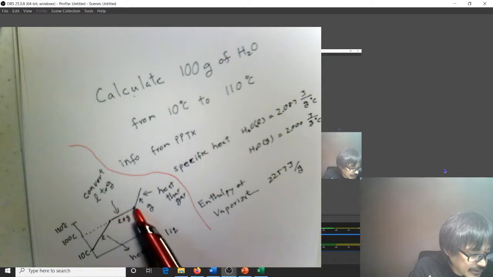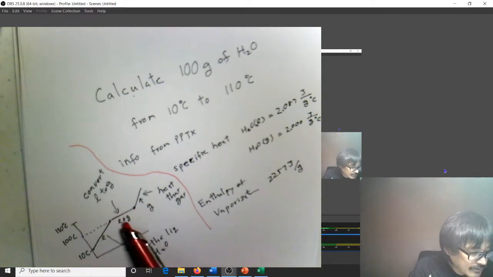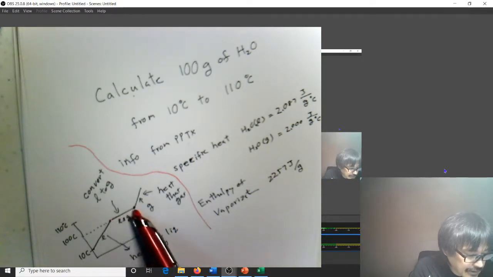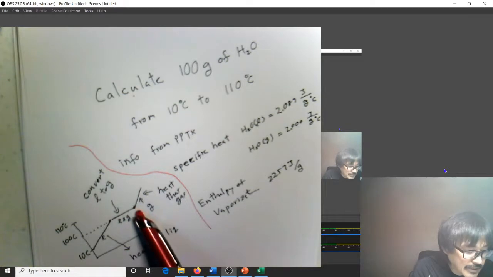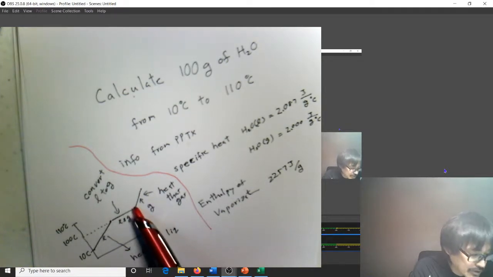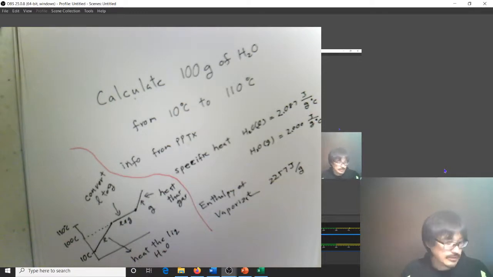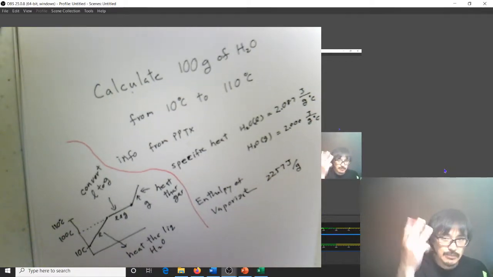So from here to here, you have two phases, liquid and gas, starting out with 100% liquid and ending up with 100% gas at the same temperature. And then once you convert everything to the gas, you're gonna heat up again to get to 110 degrees Celsius. So this is a three-step process.